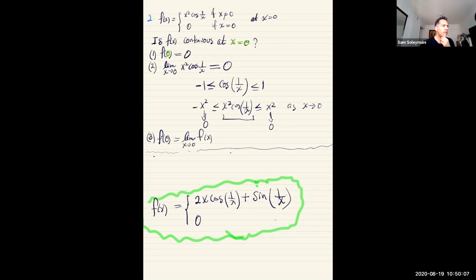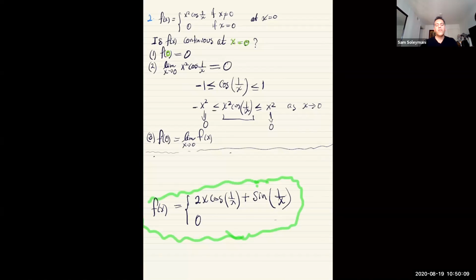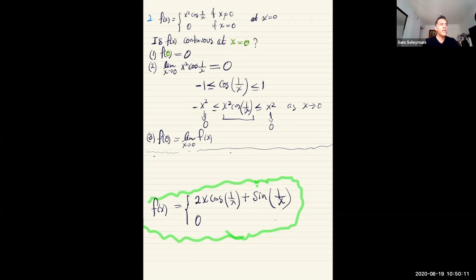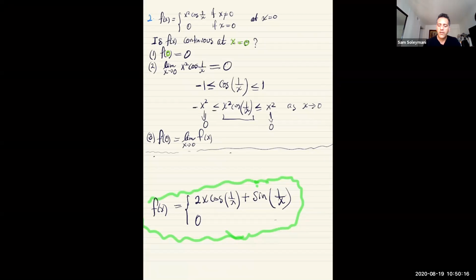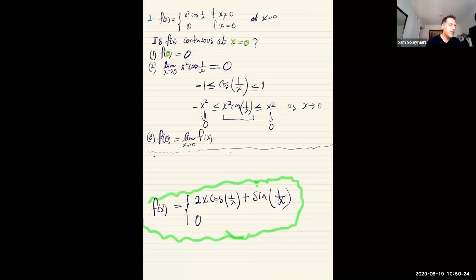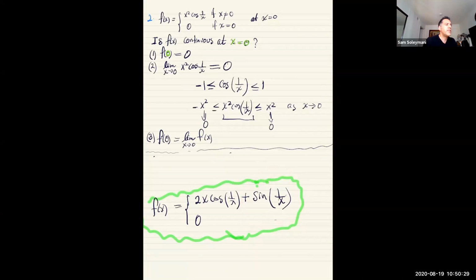The limit here is not going to exist for sure as x goes to 0, because you have the sine of 1 over x, and the limit of that is actually a DNE. So it's not going to exist. Not a cool problem though. I don't know. Not a fan of it very much.